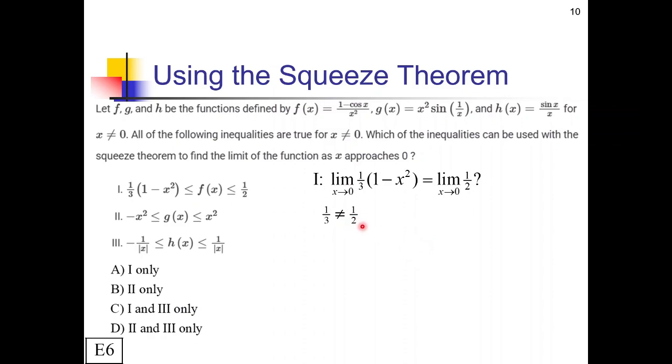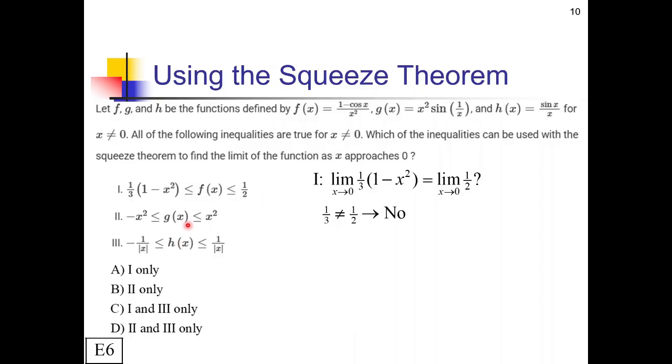Therefore, the squeeze theorem could not be used on Roman numeral 1 here to figure out the limit of f at 0. I mean, we could tell using sort of a sloppy squeeze theorem that the value of that limit of f is between 1/3 and 1/2, but we couldn't say specifically what it is.